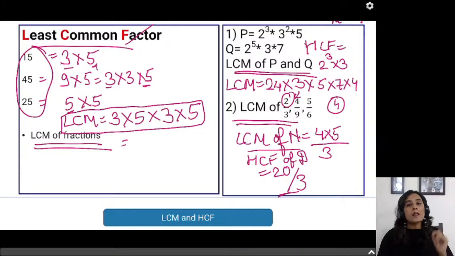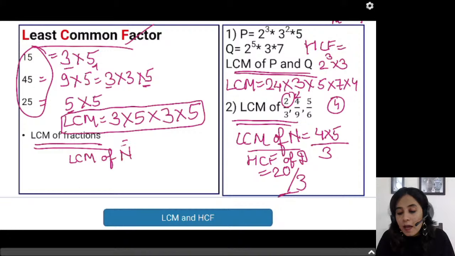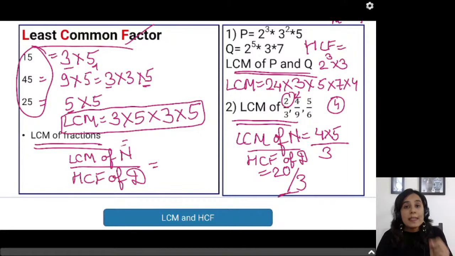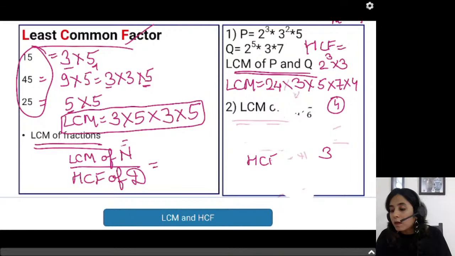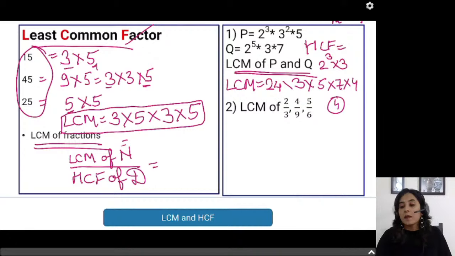Now there are few people who are not understanding how to calculate LCM of a fraction. So LCM of a fraction is given by LCM of the numerator, and we divide it by the HCF of denominator. Now the LCM of my numerator in this particular problem is 2 into 2 into 5.